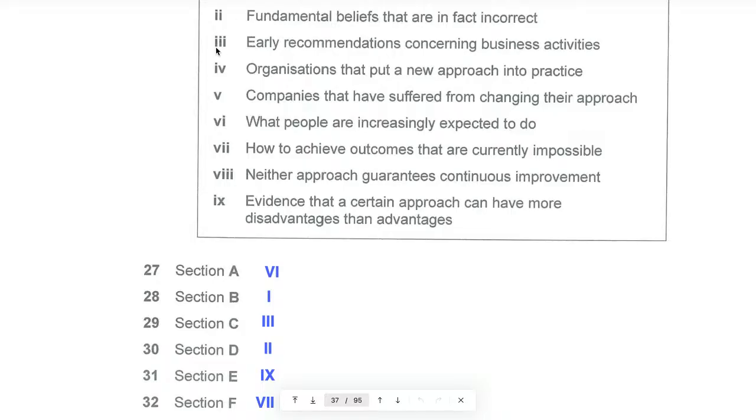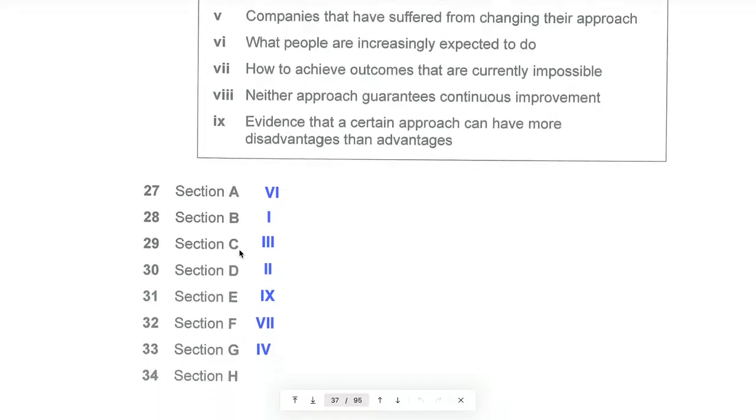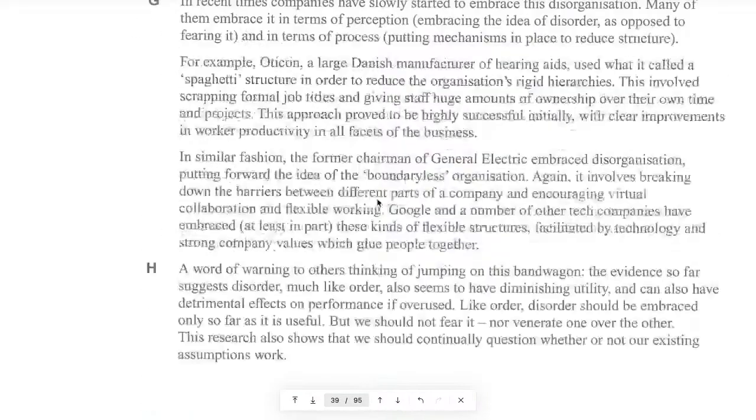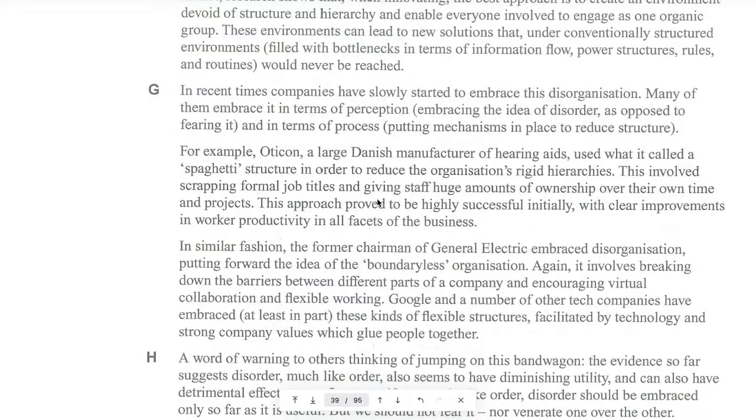Now, where? The G, right? Okay, very simple, guys. Now you read G and then you try to search for the kind of information like a company or some companies trying to use a new method. That's it. Where? In the first paragraph.